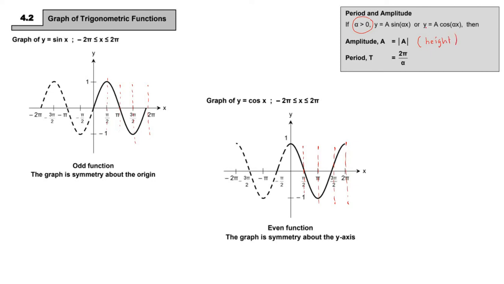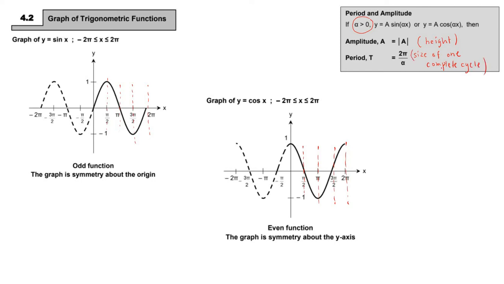Okay, the height of the graph. And then to find the period, symbol is T equals 2 pi over alpha. Okay, if amplitude is the height of the graph, then period T is the size of one complete cycle.